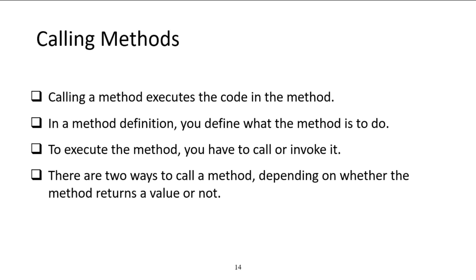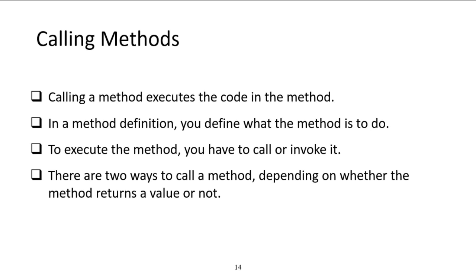How do you call the methods? Calling a method executes the code in the method. In a method definition, you define what the method is to do. To execute the method, you have to call or invoke it, usually from another piece of the program, from another method in your program.